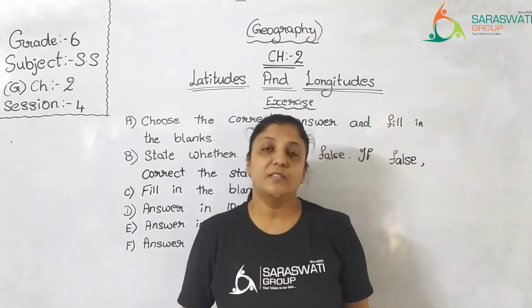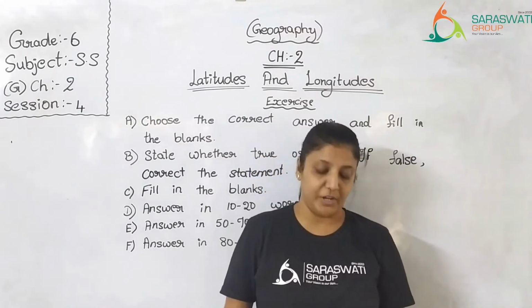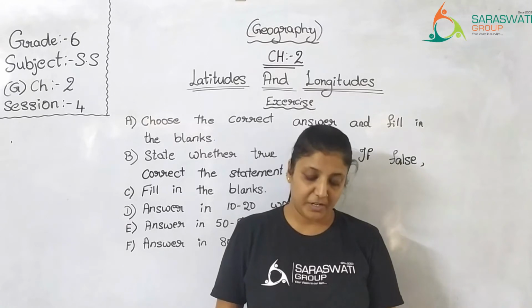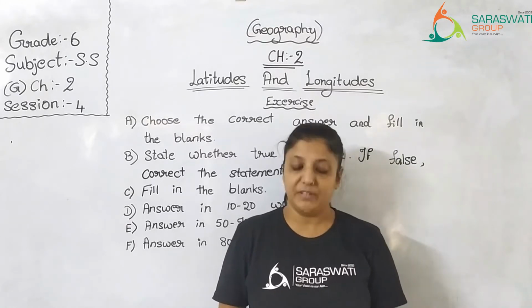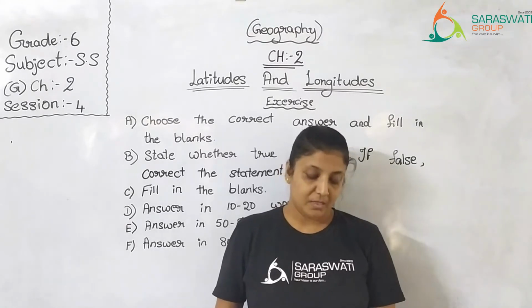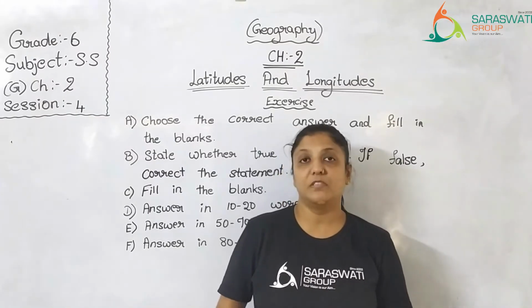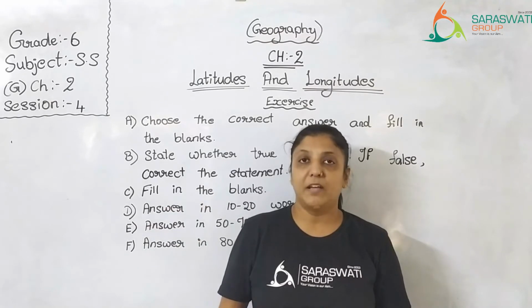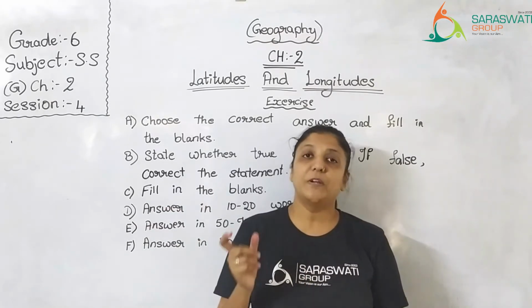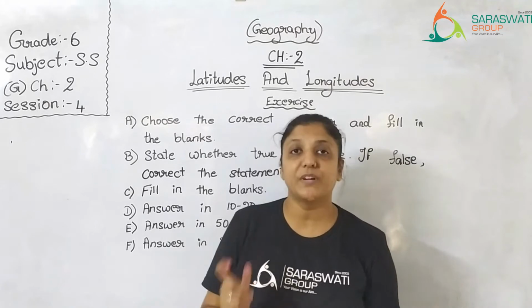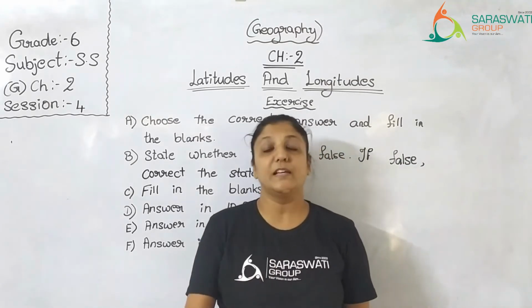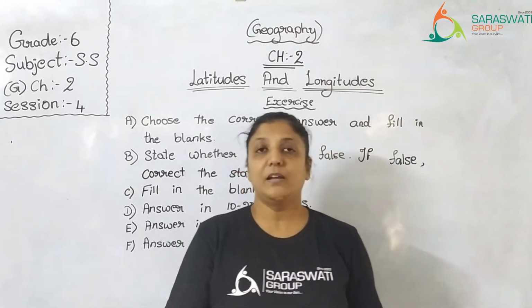Then the prime meridian is the longitude. All places located on the same meridian will have the same time. As the longitude changes, there will be changes in the time as well. The difference of time between each longitude is 4 minutes, right?